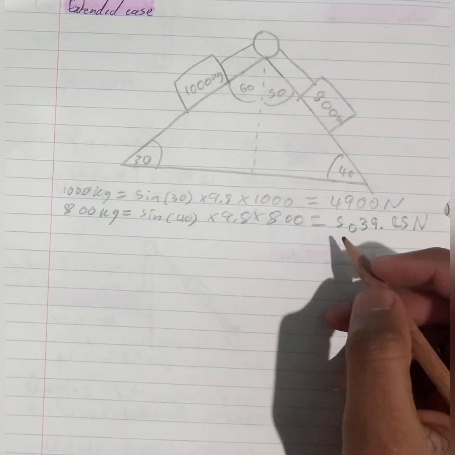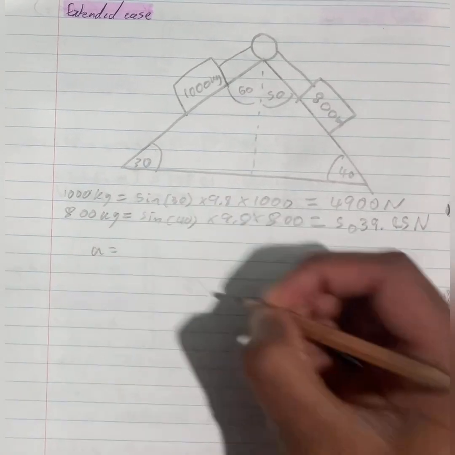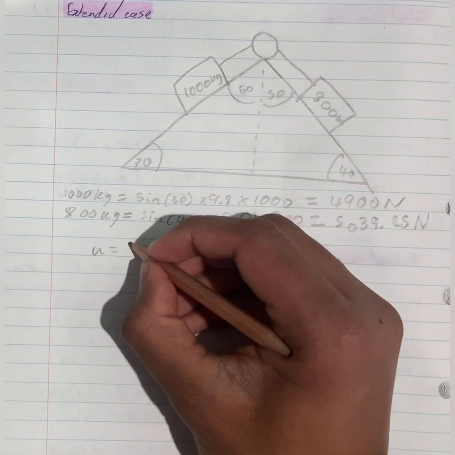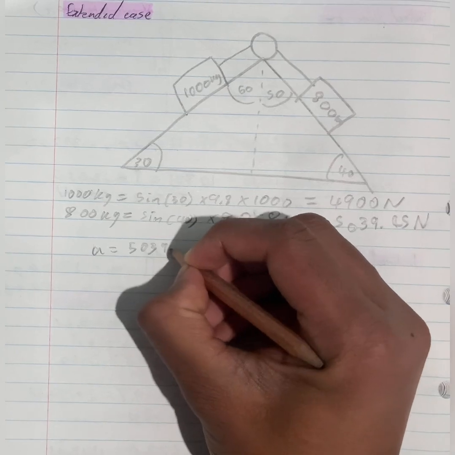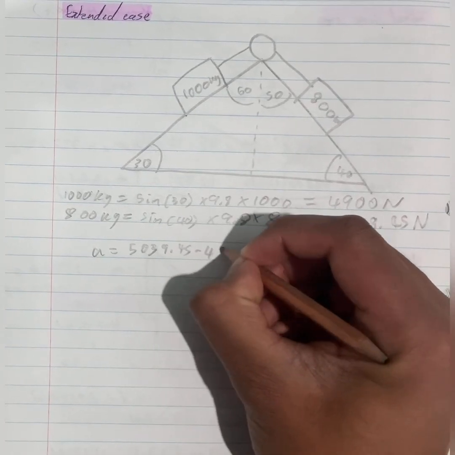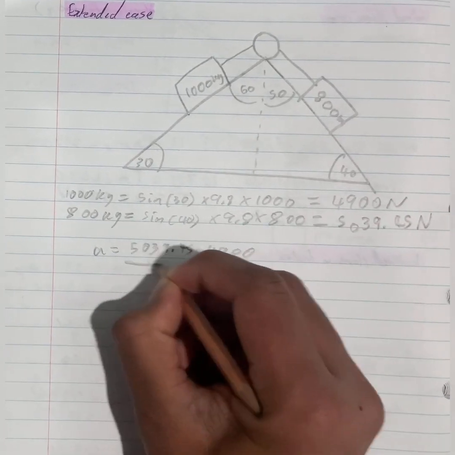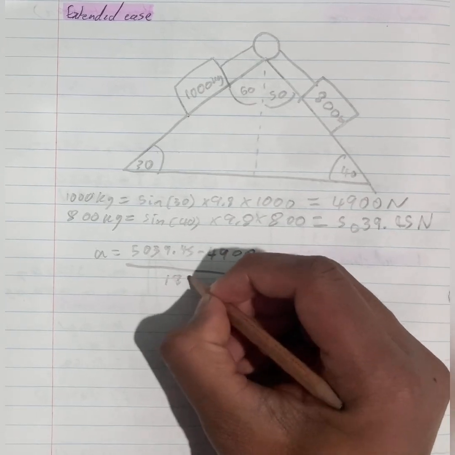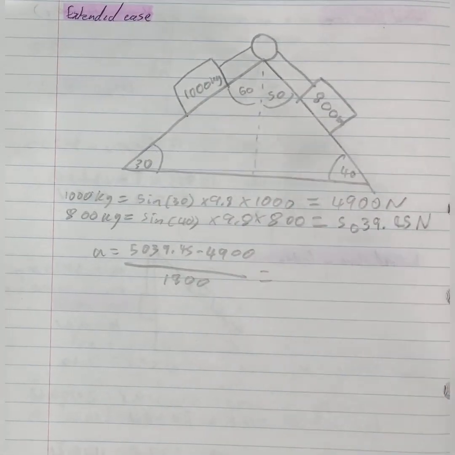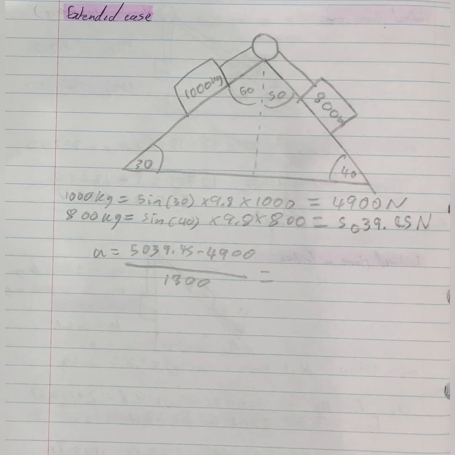And then to find acceleration, we just simply do this. So the net force would be such, and the mass would just be 1,800 kilograms. So what would that be? Well, that would just be 5,039.45 take away 4,900, divided by 1,800. Okay.